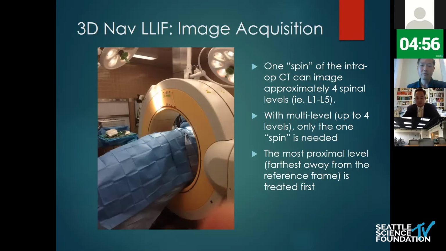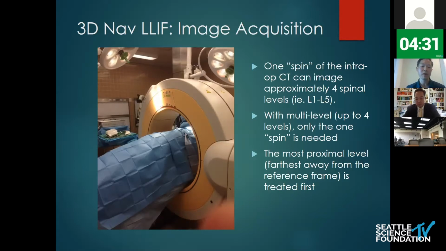And you could reliably obtain imaging of 4 levels, like L1 to L5, with 1 spin. So it's not multiple spins. And with that 1 spin, you can do all 4 levels. I always get asked, are you concerned about inaccuracy? And I say, yes, obviously I'm concerned about it. But I found that you can do 4 levels with pretty good accuracy as long as you start away from where the frame is.